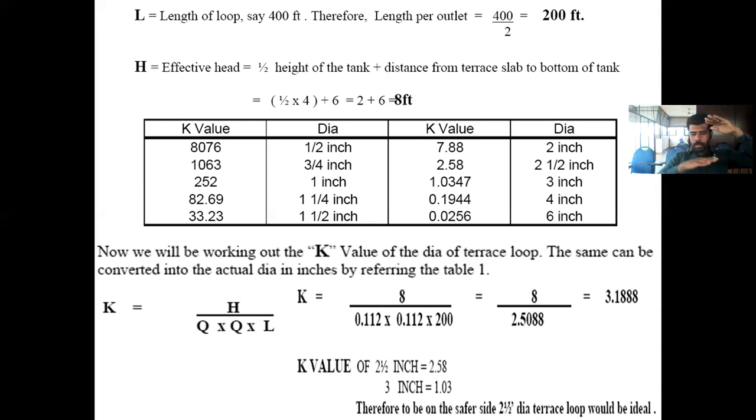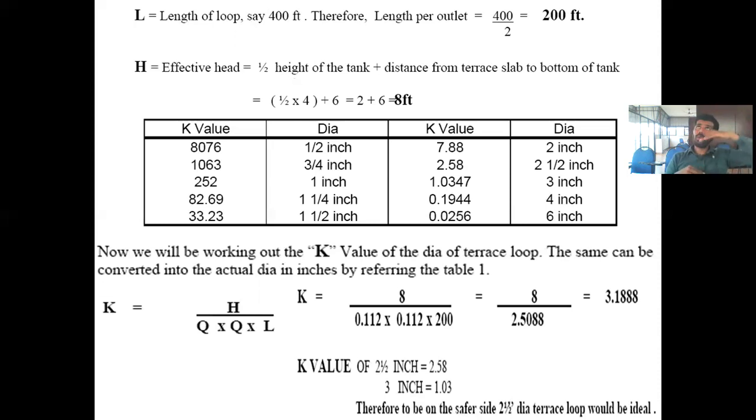So there will be a terrace and there will be an overhead tank which will be on a stand or something like that. So in order to find the effective head, you have to multiply half into the height of the tank, plus you have to add the distance from the terrace slab to the bottom of the tank.